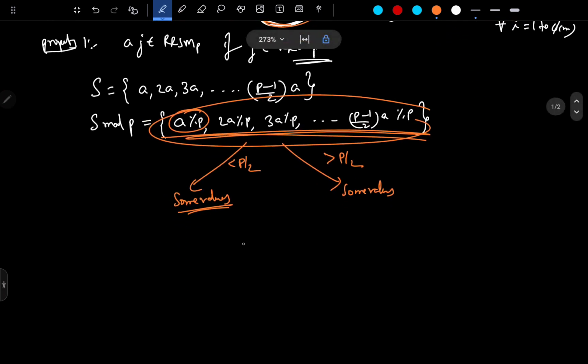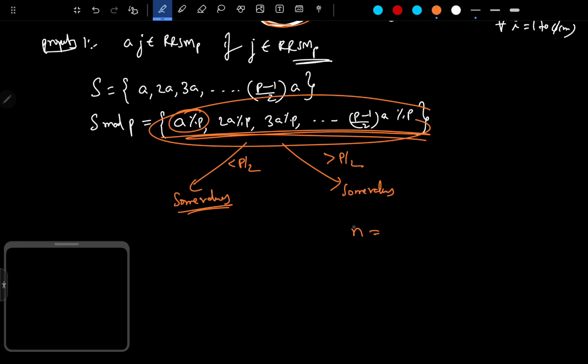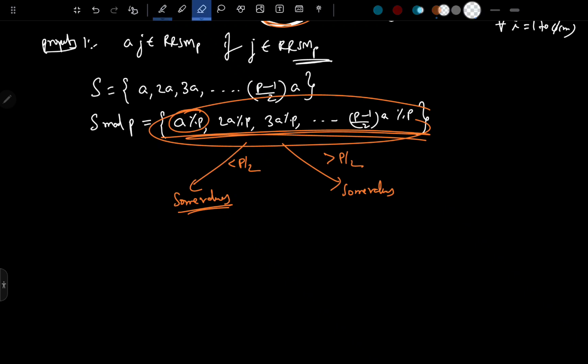Just like I did previously, I took some set of values and told you that a particular number is the value of n. Similarly, I am saying partition this set into two sets, just for deriving purposes, such that one set has all values greater than p by 2 and the other has all values less than p by 2.